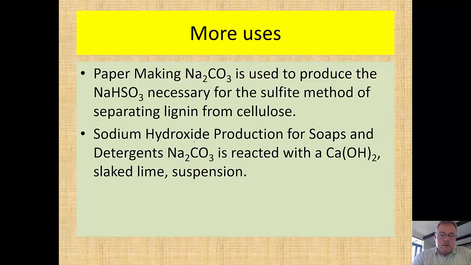You can see the sodium and the hydroxide would be in solution. The calcium and the carbonate would form a precipitate and come out of solution and form a solid, leaving you with sodium hydroxide. Just another method of producing sodium hydroxide.